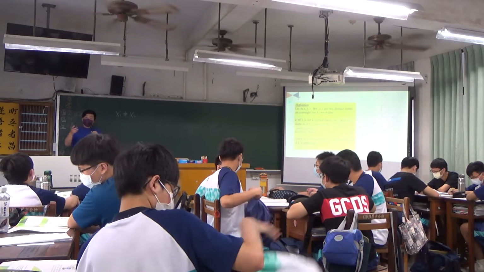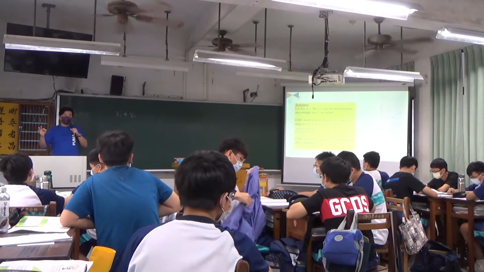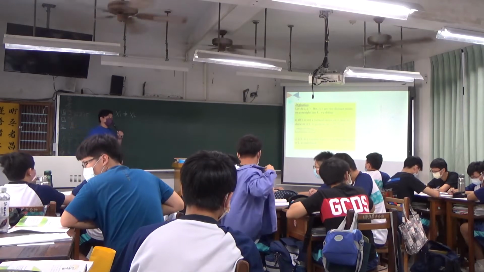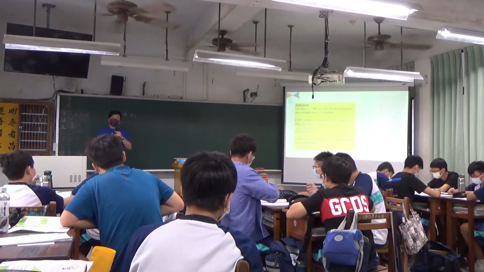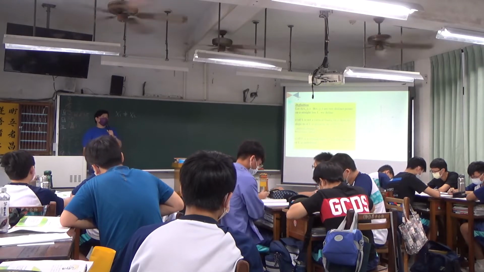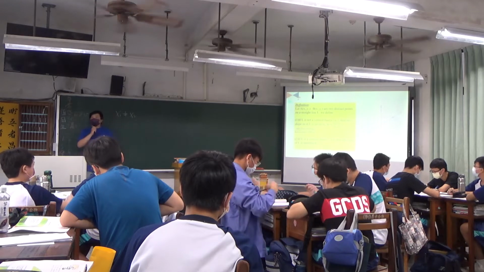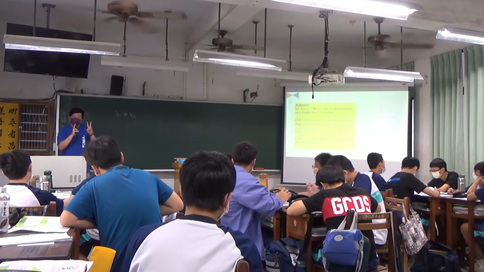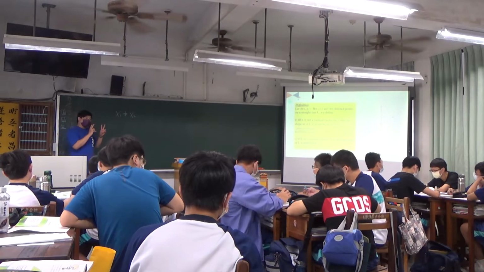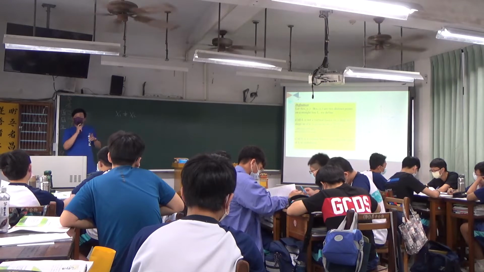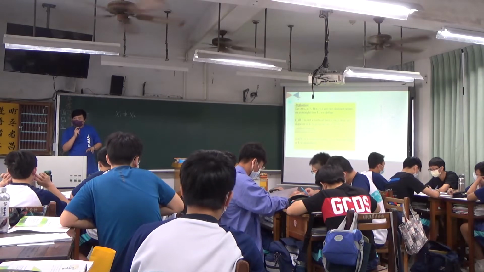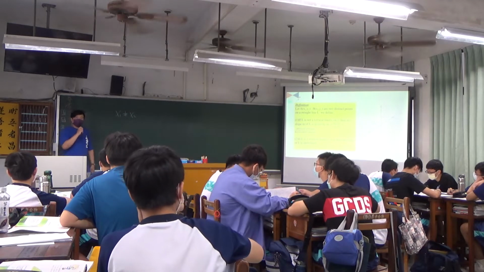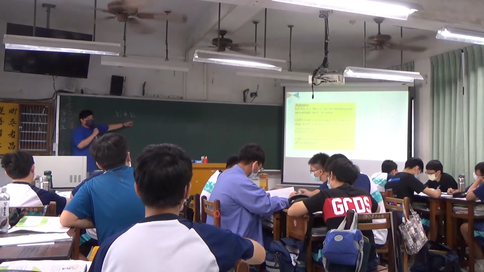You can tell me in Chinese. If L is not a vertical line, we pick two distinct points, and their x coordinates are not equal, right? So x1 is not equal to x2.